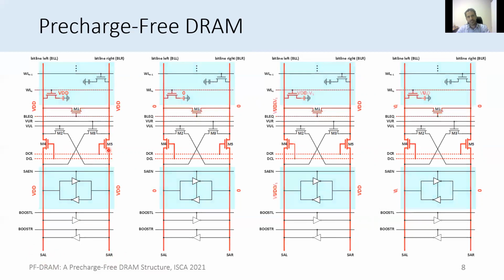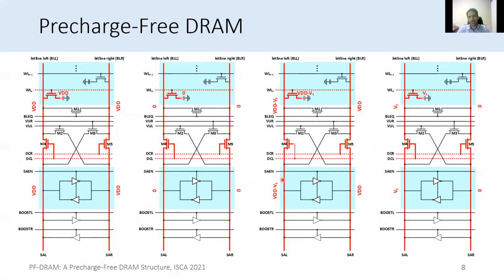By activating the word line and deactivating M1 at the same time, the cell connects to the BLL. If the cell voltage is the same as the bit lines, BLL voltage and consequently SAL voltage remain unchanged. As you can see in these 2 conditions, by connecting the cell to the bit lines, no change will occur on the bit lines.